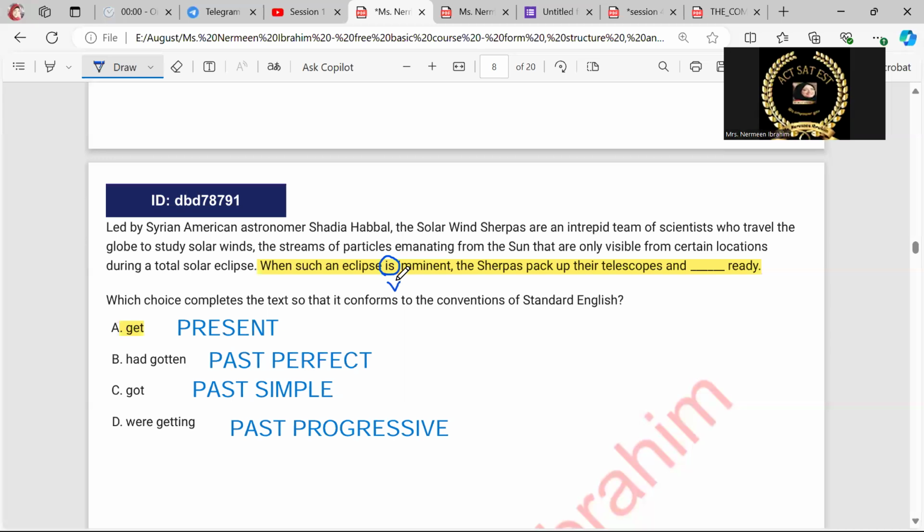In which tense is this verb? Present, excellent. The Sherpas pack up their telescopes. That's the subject, and pack is the verb. In which tense? Present. So why did you go for past?